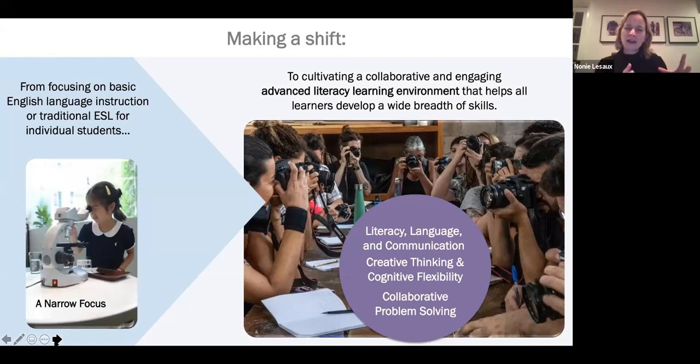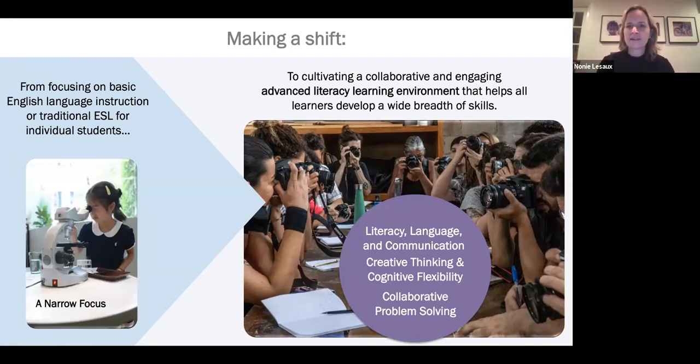So in some ways, we're moving from what we think of as maybe a narrow focus on that basic English language instruction or traditional ESL for individual students, which is still going to be a part of the model, but it is not the core of the model.